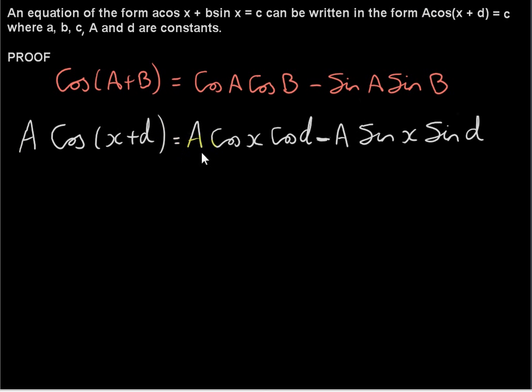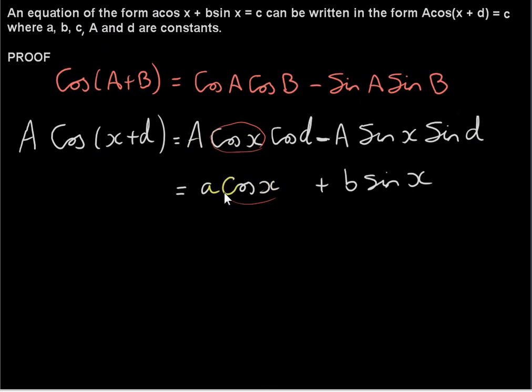Now we want to compare all of this here to this here, to show that we can equate them, and in the process we can find relationships between the constants a, b, c, A and d. So we want to write this sum of trigonometric functions as a single trigonometric function. So let's compare these.